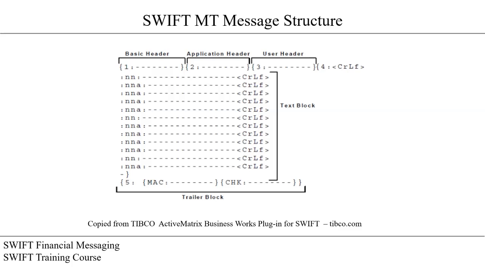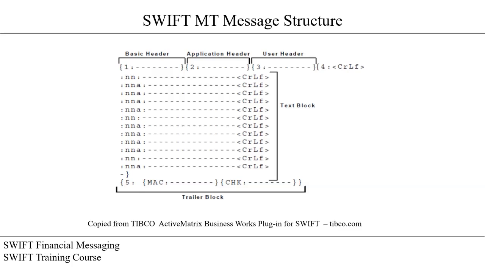The user header, block 3, is where you would have the equivalent of the COG use code. So for CHAPS clearing, that would have STG on there. So obviously that would signify the use of the specific COG service to process that payment message.